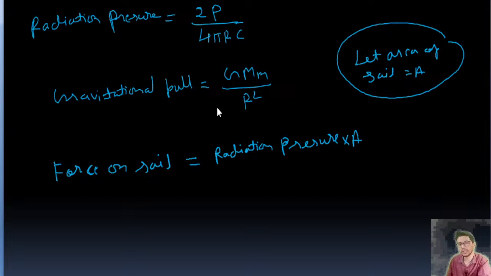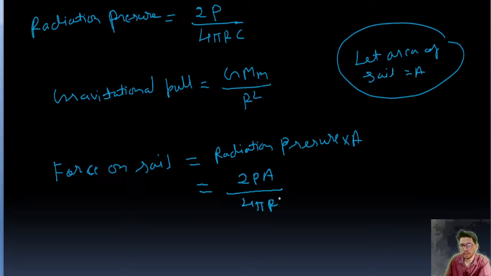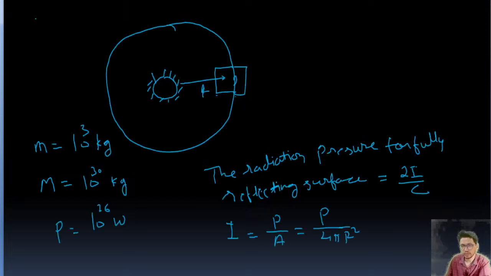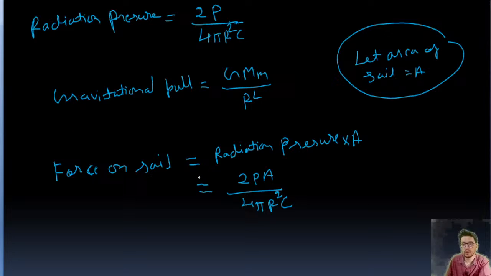So the force exerted by radiation on the surface of the sail is the radiation pressure into the area. The radiation pressure is 2P upon 4 pi r square c, into A. This is the force on the sail.